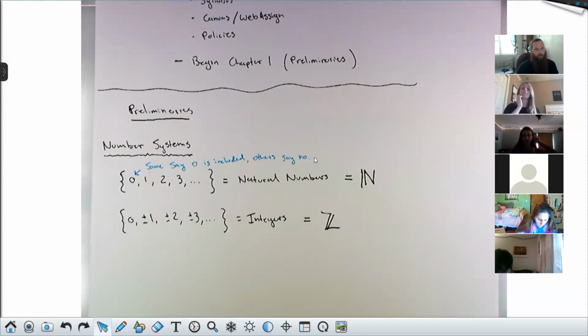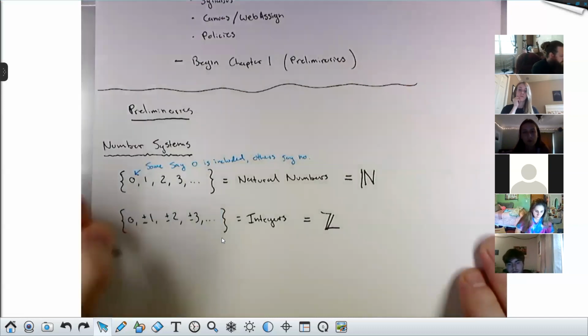They form an algebraic structure called a ring, because if I add any two of them, I get something in the set. If I subtract any two of them, I get something in the set. If I multiply any two of them, I get something in the set, right? Sums, differences, and products of integers are other integers. But you can't divide. If you start dividing integers, maybe you get another integer, maybe you don't.